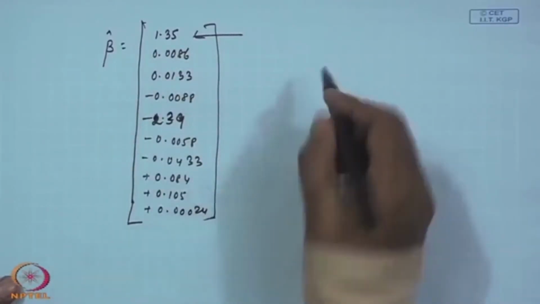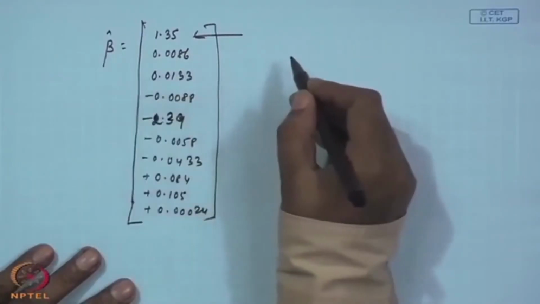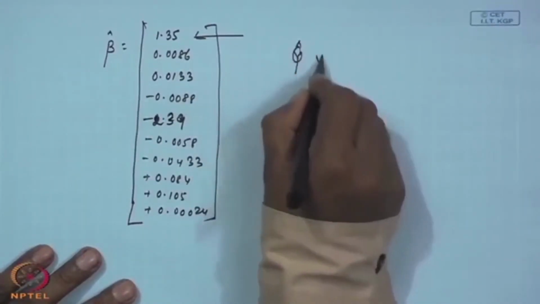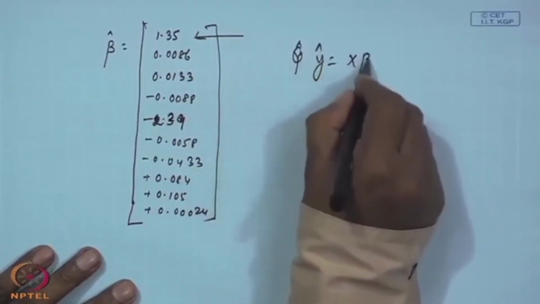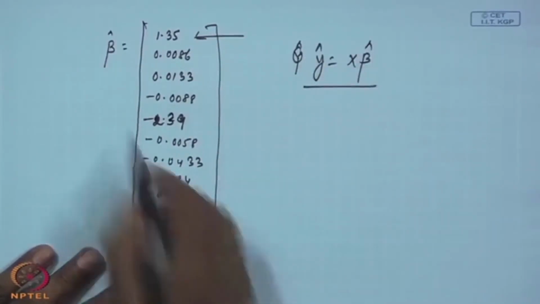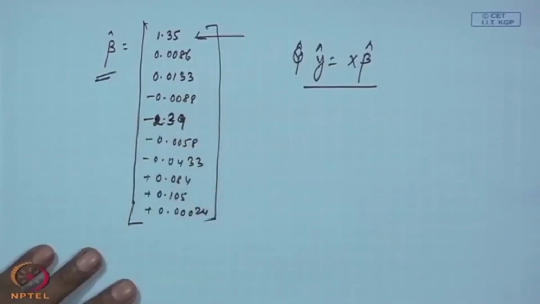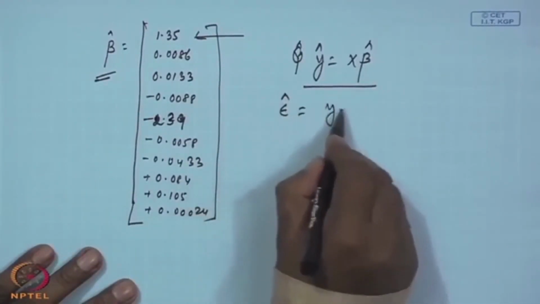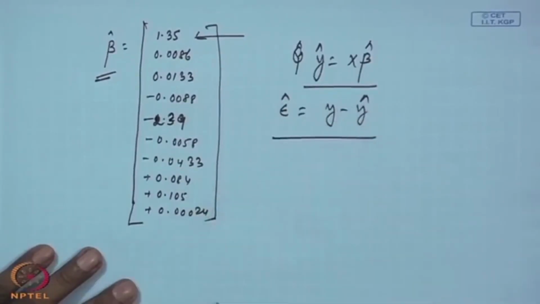So, once you have the estimated equation, the fitted equation, that means we now have y cap equal to x beta cap, where this is my beta cap. So, you are able to find out the error, which is y minus y cap.